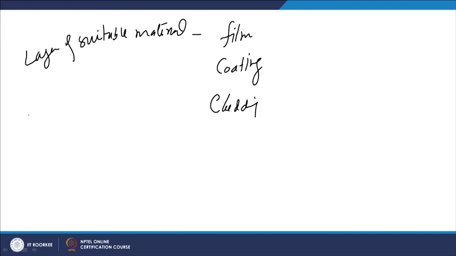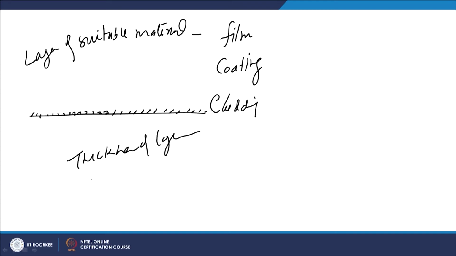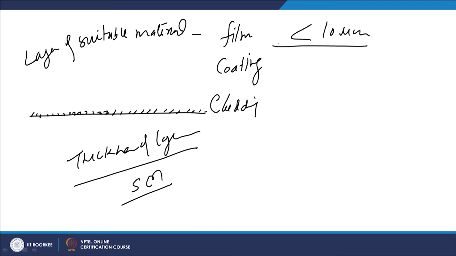So, in all these cases a thin layer is developed, however thickness may vary, and this grouping is based on the kind of thickness of the layer which is being applied for surface modification. So, when the thickness of the layer being applied is less than 10 micrometer, we normally call that the layer being applied is a film.